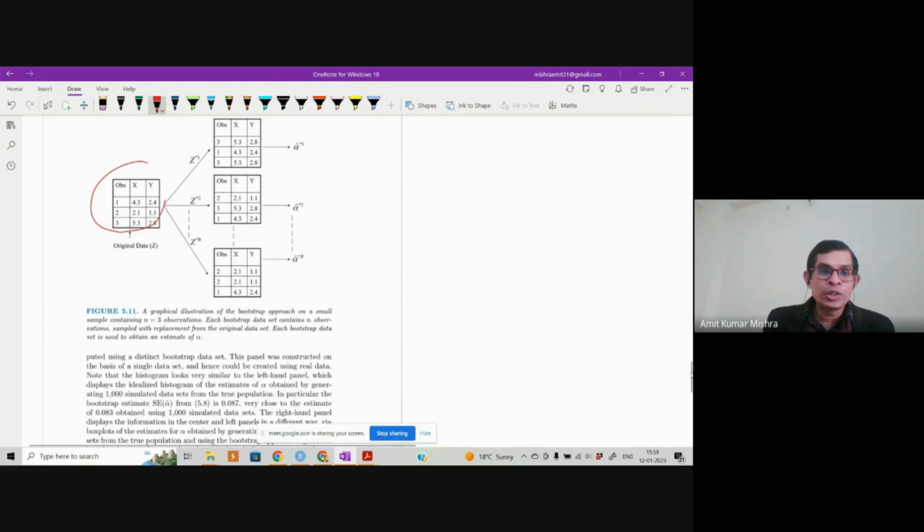We are just choosing 3 observations, 1, 2, 3, of x and y. That means the returns. Returns are 4.3, 2.4, 2.1, 1.1, 5.3, 2.8.